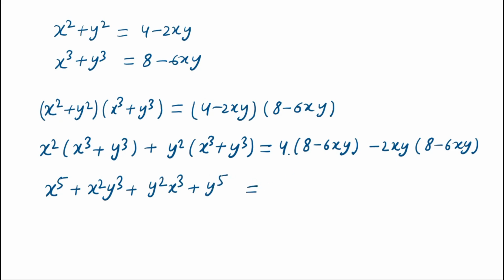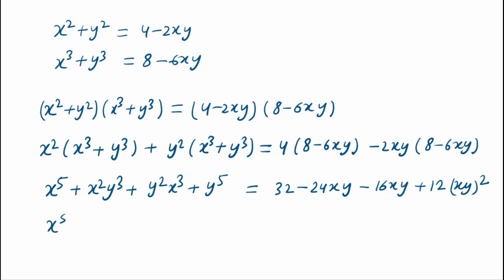This equals 4 multiplied by 8 gives 32, minus 4 multiplied by 6 gives 24xy, minus 2xy multiplied by 8 gives minus 16xy, and minus 2xy multiplied by minus 6xy gives 12 times xy whole square.